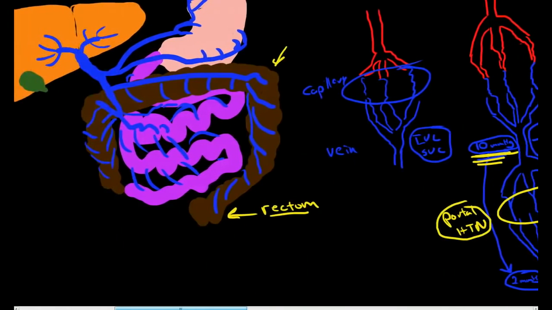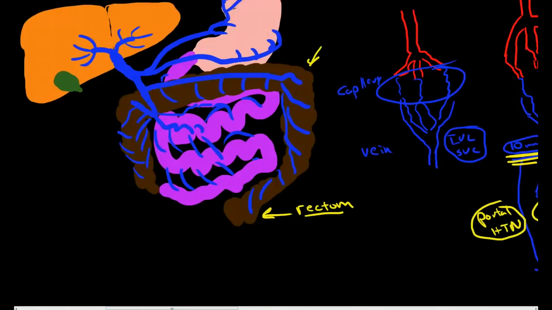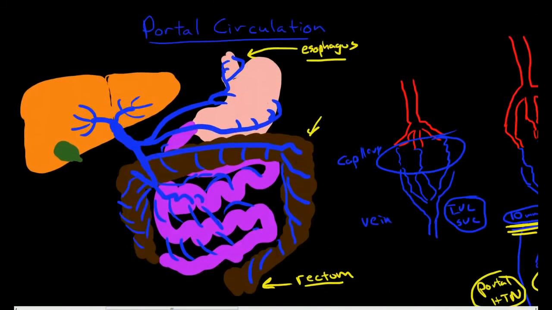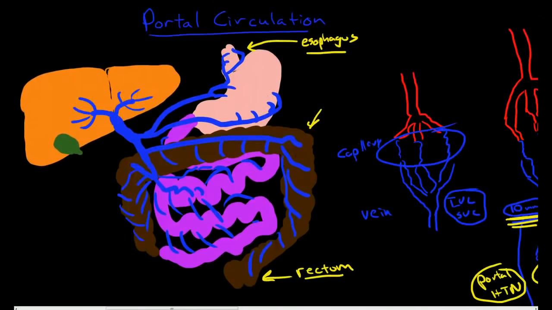So remember, and I'm not going to go through the entire arterial supply of the gut, but the gut has its own arterial supply. It breaks down into these very rich, numerous capillary beds where all of our nutrients are absorbed within the GI tract, and then it opens up into veins again.